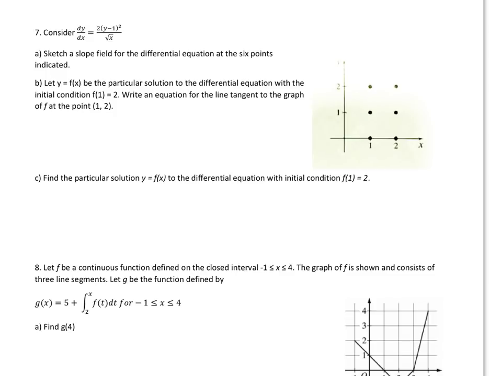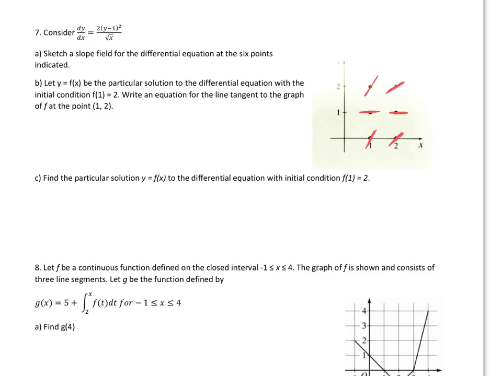So I'm going to sketch this in and up 2 over 1, so like that. Okay, then I'm going to do it for all these other points. This one ends up being like this. At the point 1, 1, I get 0 on the top, and so that's going to do that. And in fact, any time y is 1, I'm going to get a 0, so these are all horizontal tangents. And then over here, the slope also ends up being 2, and then the slope ends up being like that as well. So that's just at those 6 points.